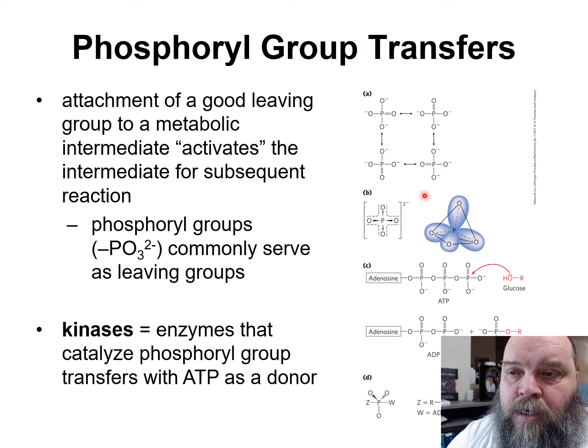What A is showing us here is that we may draw it that way so that the oxygen to the right has the double bond, but we have to keep in mind that double bond kind of cycles around. Okay, it is not set in stone, that shape. When you have adenosine triphosphate, you have the three phosphates. It's the adenosine nucleoside, carbon, oxygen, phosphate, oxygen, phosphate, oxygen, phosphate, and so on.